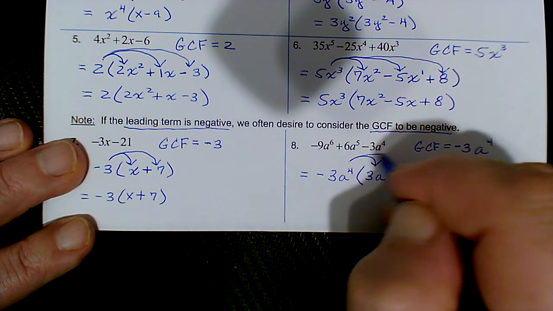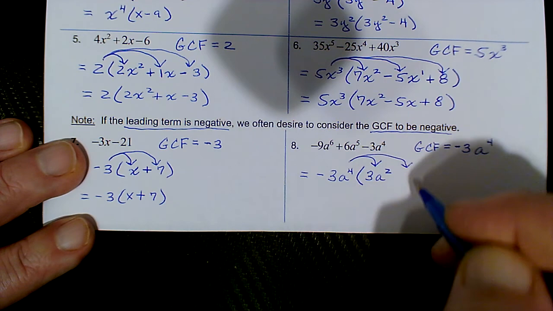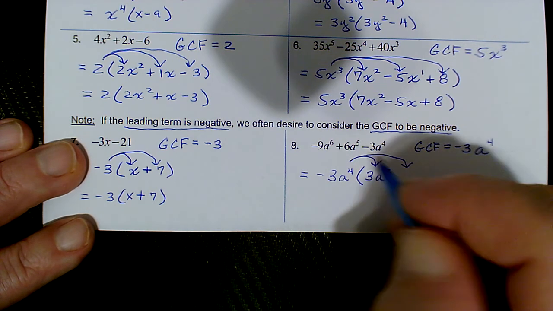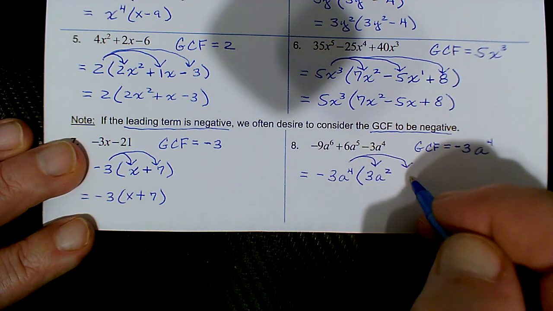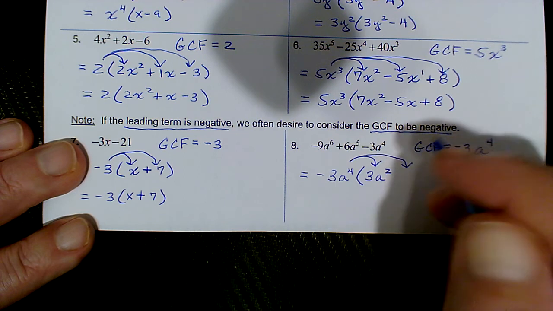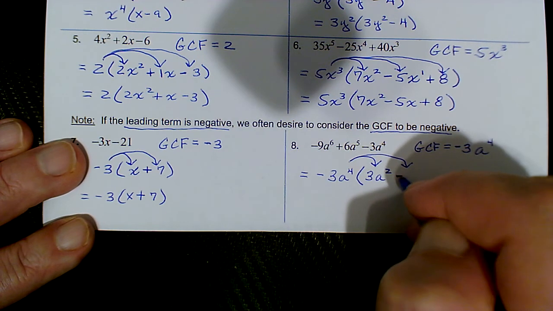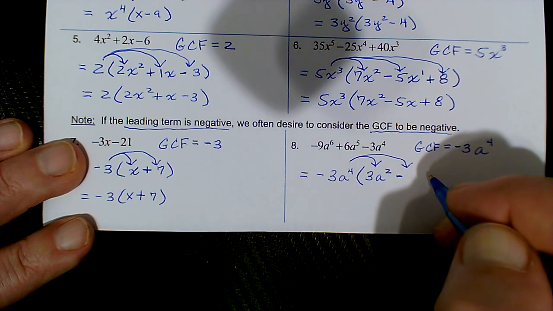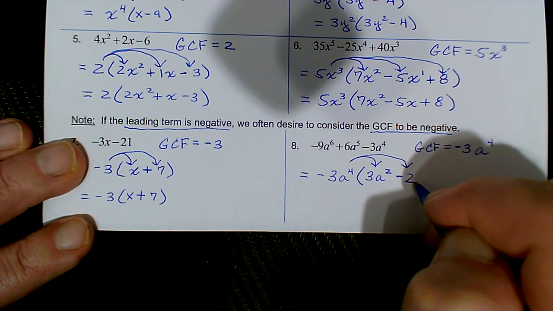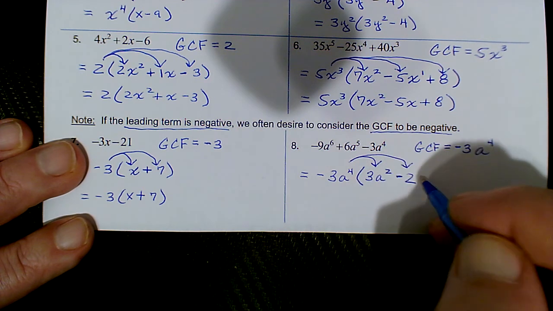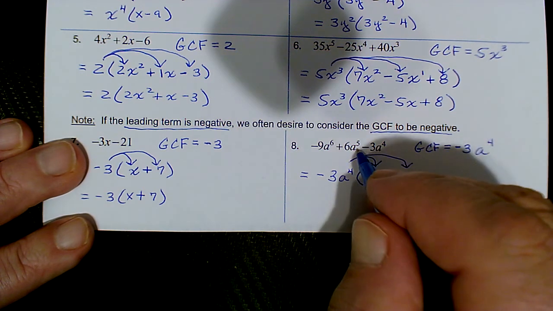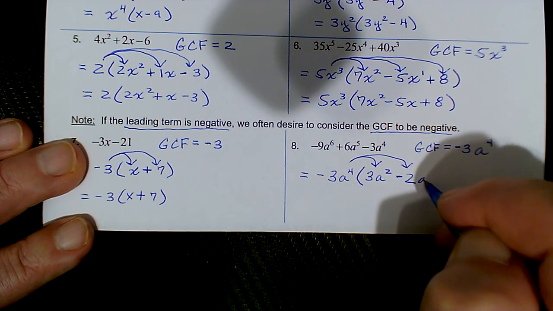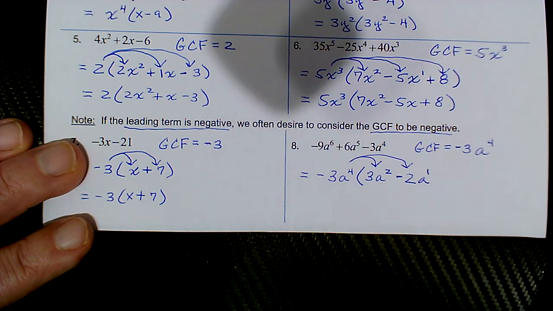Go to the next term. Okay, negative 3 times what gives a positive 6? Well, that would be a negative 2. And then a to the 4th times what gives a to the 5th? So we're missing 1 factor of a, so a to the 1st or just simply a.